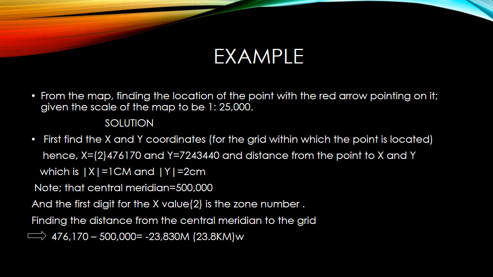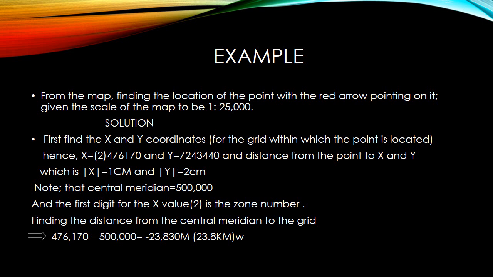It's not part of the distance. And for y, we have 7243,440. The 7 is also not going to be part of the distance from the central meridian to the grid, so you exempt that when you are finding the difference between the distances.